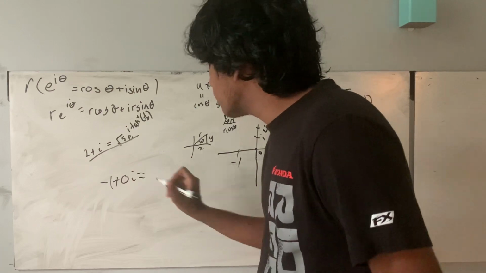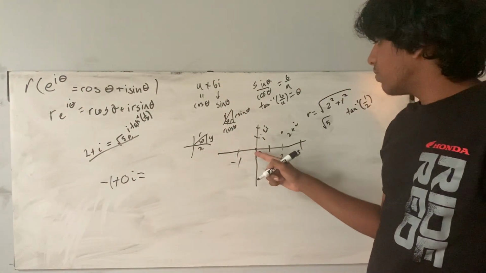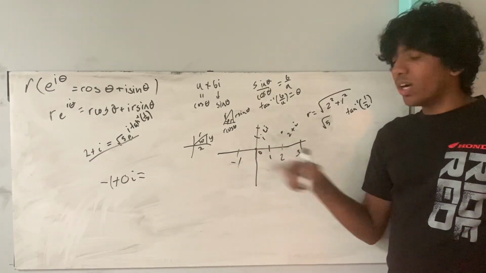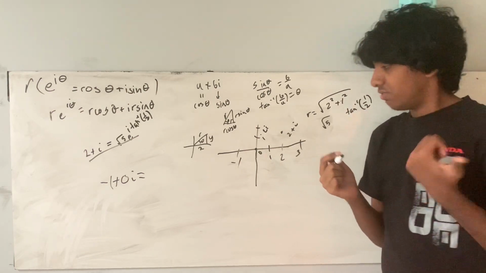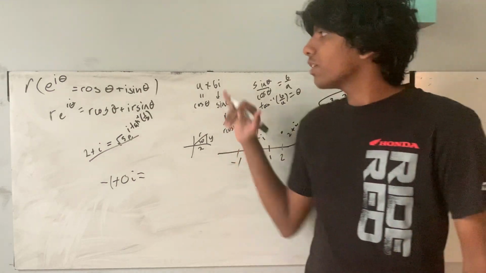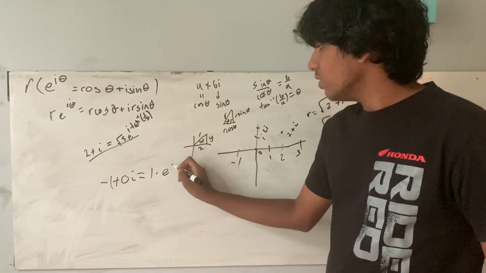And this will be equal to its polar form, which is the radius, from 0, obviously the origin. The radius is 1, because you're taking one step this way. I hate my left and right. Taking one step, so the radius is 1. So we have 1 times e to the i.